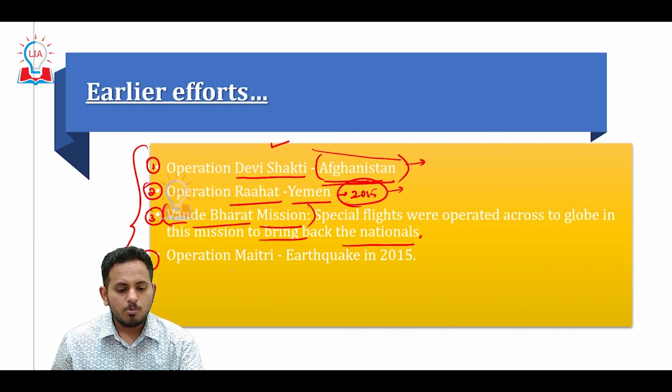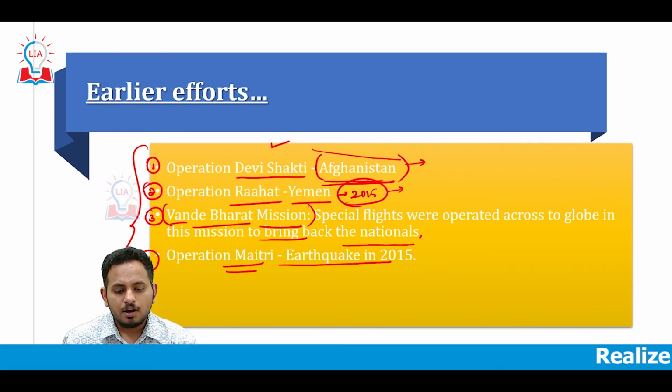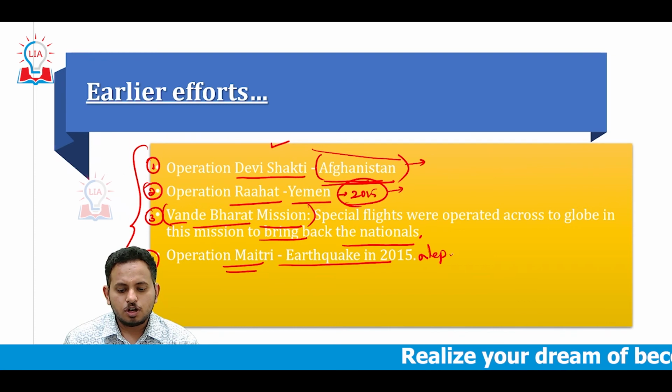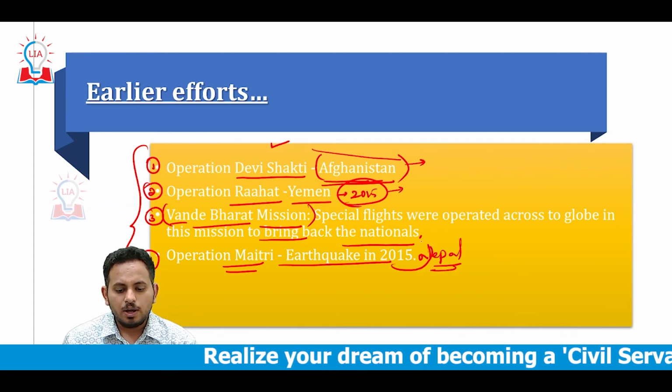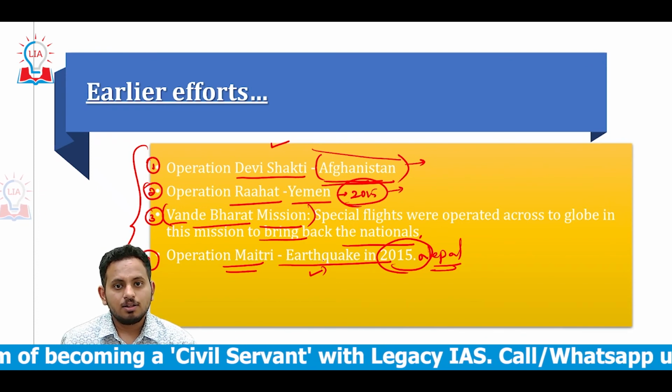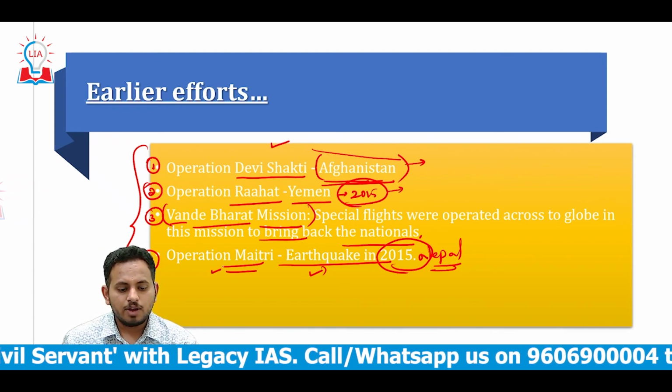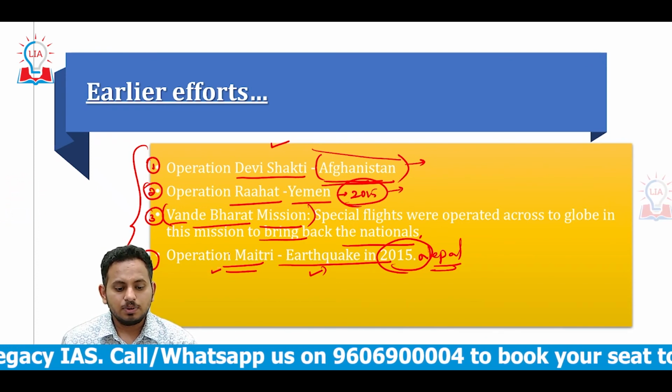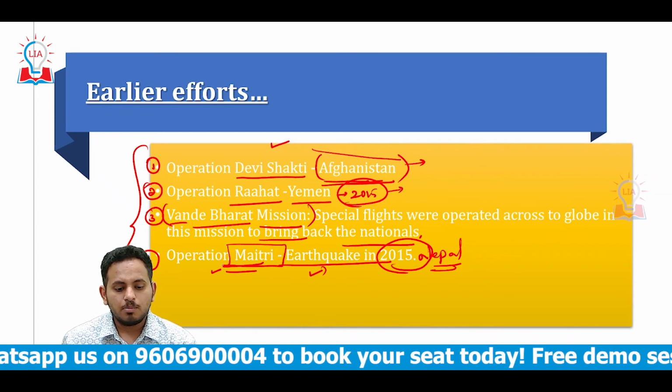Fourth one, Operation Maitri in Nepal. This was launched in the year 2015 when a brutal earthquake hit Nepal and India wanted to evacuate its citizens safely. That's when India launched Operation Maitri.